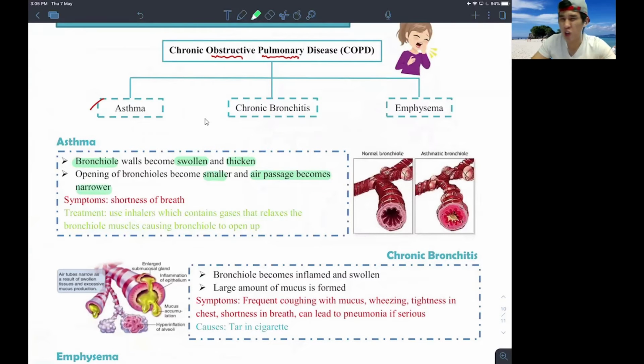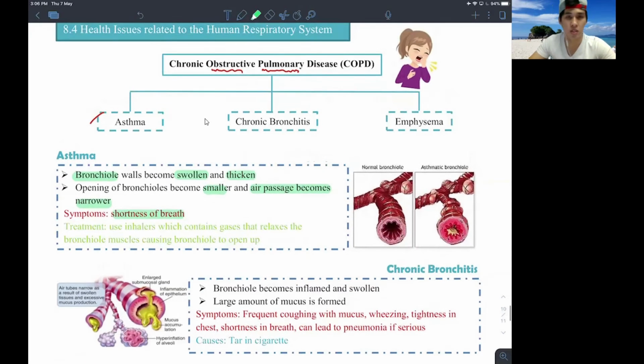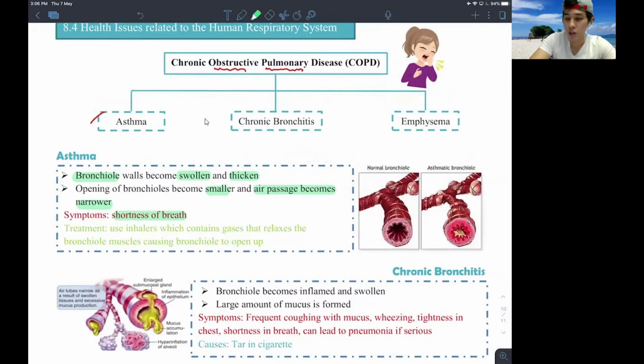A very common symptom of asthma is shortness of breath. Here I didn't write the causes of asthma because we didn't really learn about it, but you can add that it is usually caused by allergy.